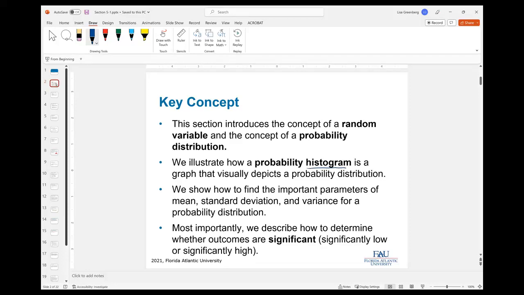Hopefully you remember chapter 2, I believe, right at the very beginning. We show how to find the important parameters of mean, standard deviation, and variance for a probability distribution. And then, most importantly, we describe how to determine whether an outcome is significantly high or significantly low. Okay, so that's basically what we're going to go over right now.